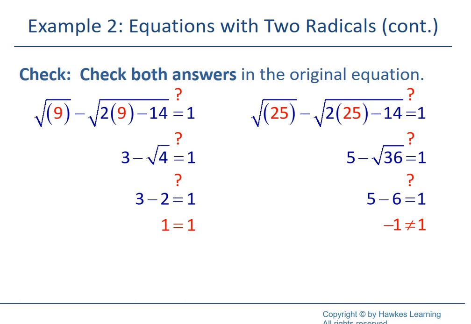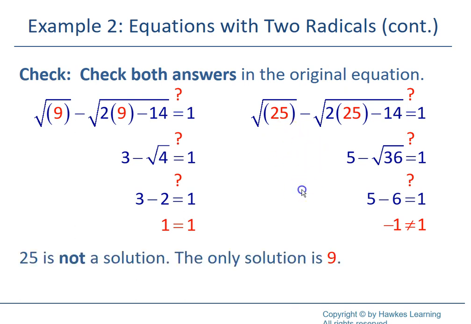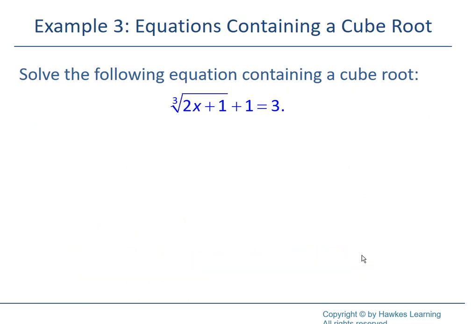So again, when we start to square things, we introduce what are called extraneous roots, things that are not solutions. But again, I would give you super partial credit for doing all of this, but you need to check your answers, because it may be that one of them does not make the original equation true. So 25 is not a solution. The only solution is 9.